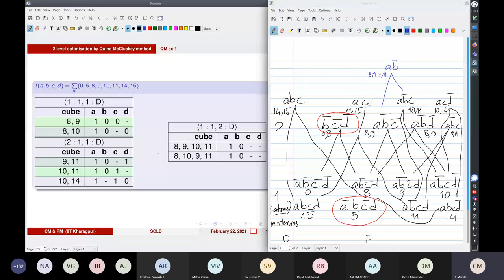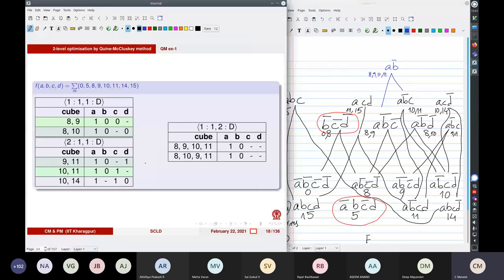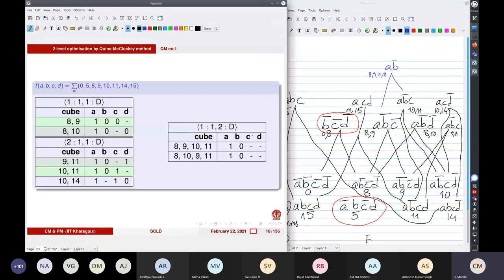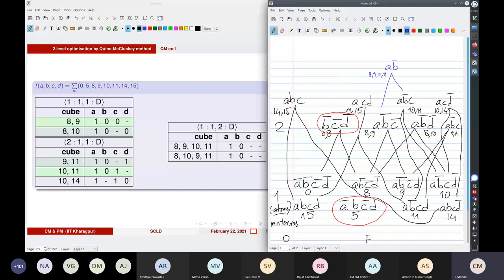Let us see. 9, 11 should be A, B bar, D. I had written A, B bar, C, so I made a mistake here.